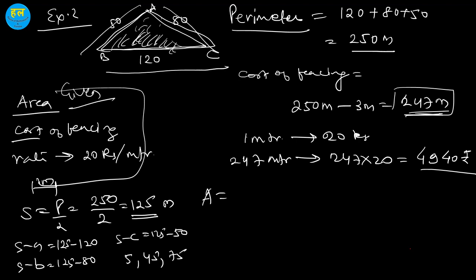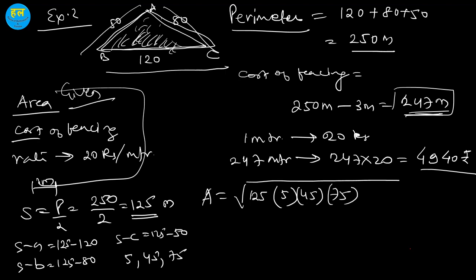When we put it in Heron's formula, what we get here is 125 into 5 into 45 into 75.